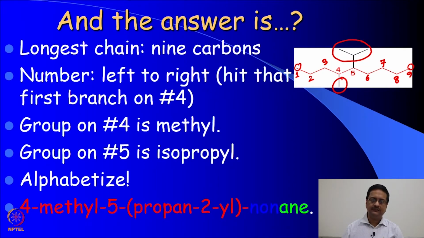When you try to name it, we should start from the lowest numbering, where 4 is methyl and 5 is isopropyl, or more appropriately propan-2-yl. So, the name of that molecule will be 4-methyl-5-propan-2-yl nonane. Hope you are able to follow this scheme of nomenclature.